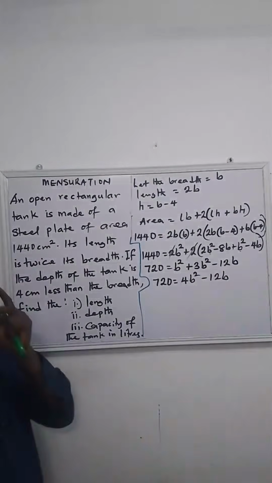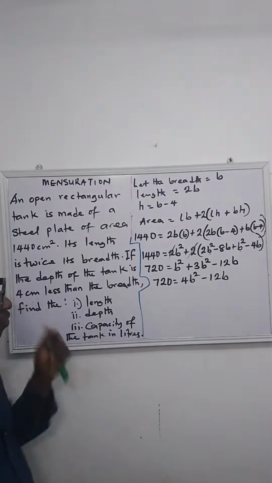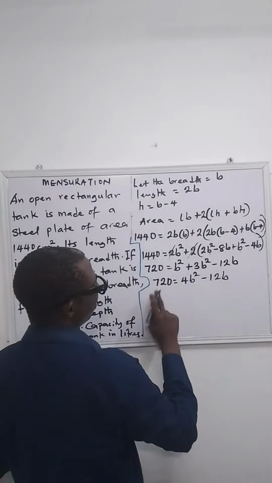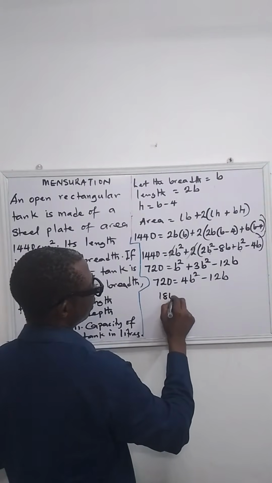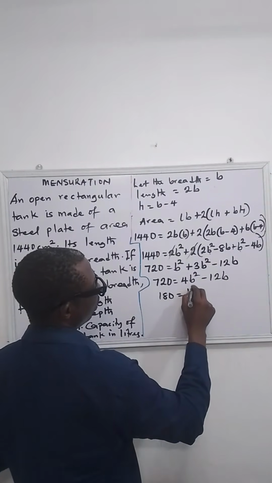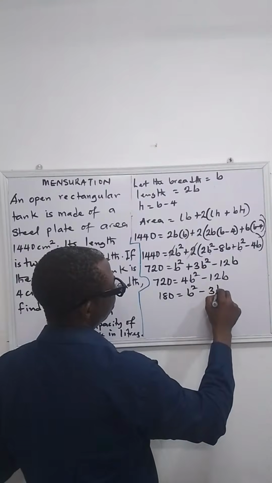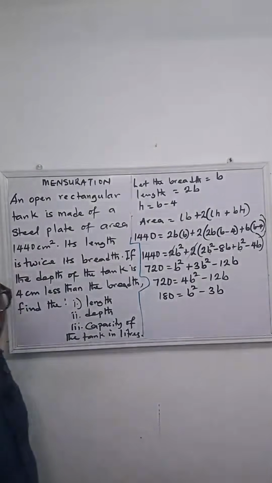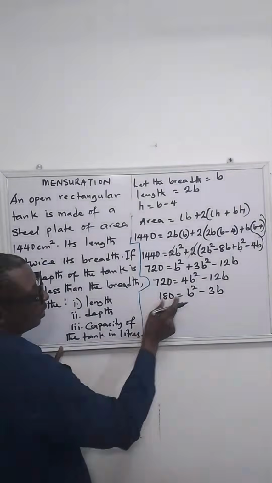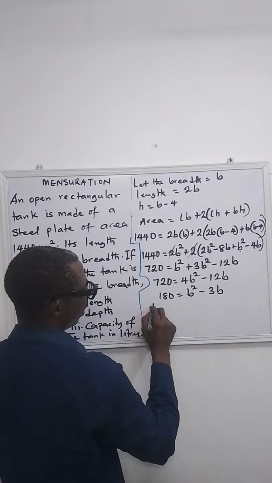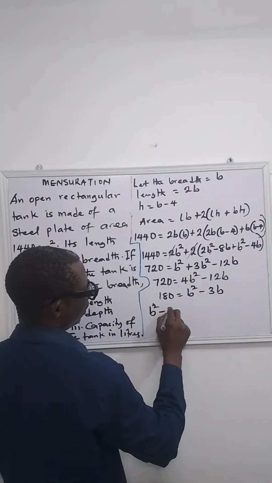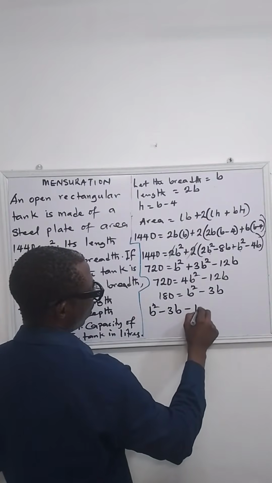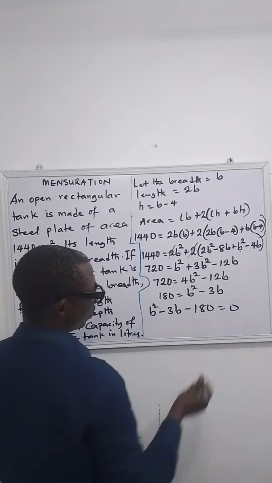We can divide through by 4. When you divide this by 4, you have 180 equals b squared minus 3b. So let's transpose this. We have b squared minus 3b minus 180 equals 0.